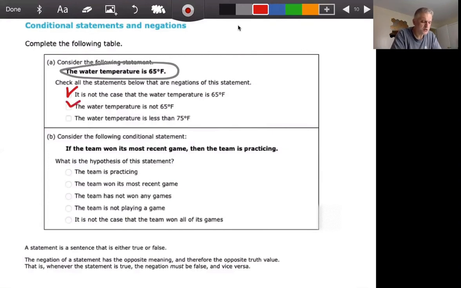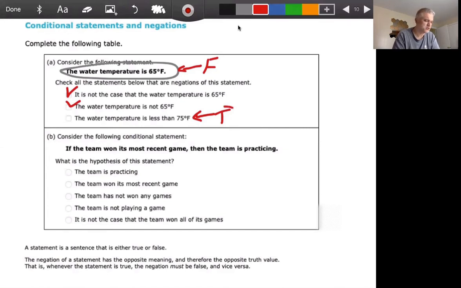The water temperature is less than 75 degrees Fahrenheit. If that's true, does the original have to be false? No. Can you come up with a counterexample? A counterexample means one example where it's not true. Well, 65 is less than 75.